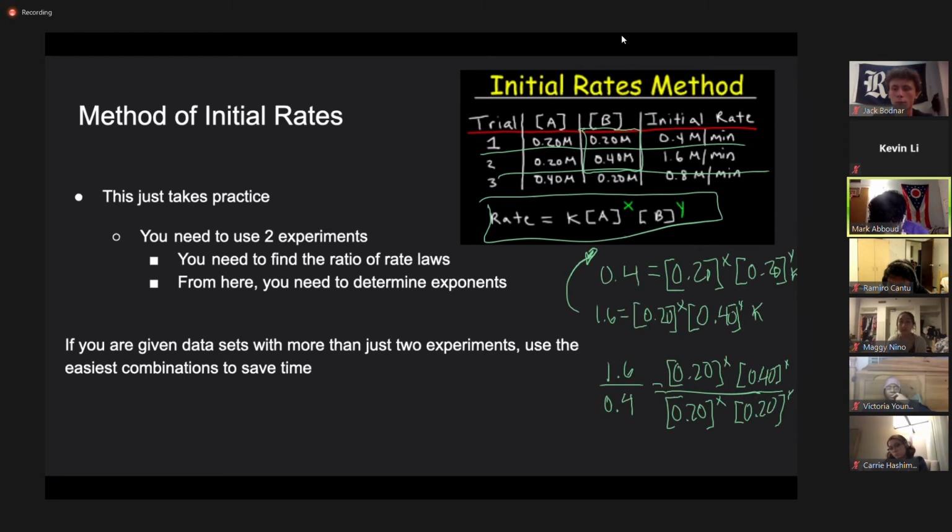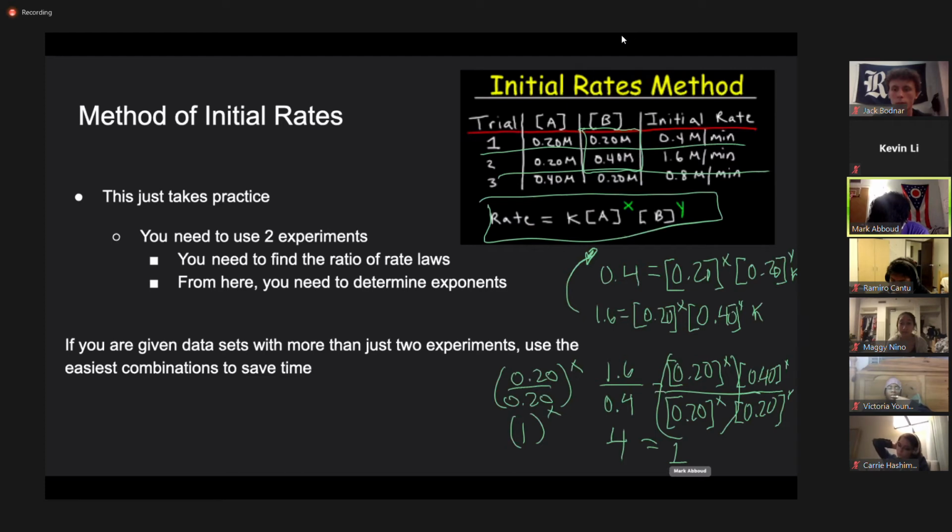So dividing 1.6 by 0.4, we get 4 equals, and if we look at this part of it, 0.20 to the x over 0.20 to the x, we can basically say 0.20 over 0.20 all to the x, and this would be 1 to the x. It doesn't matter what x is because that's going to stay 1. So we can write this as 1.